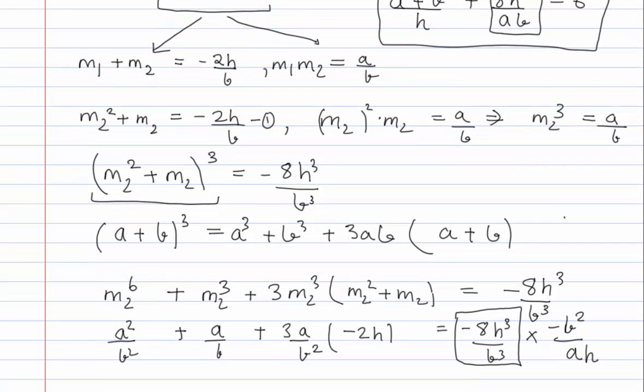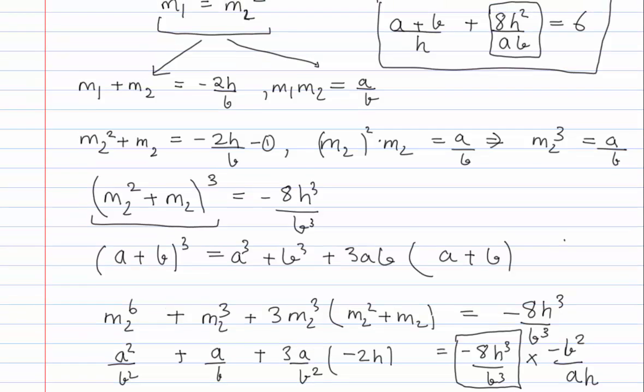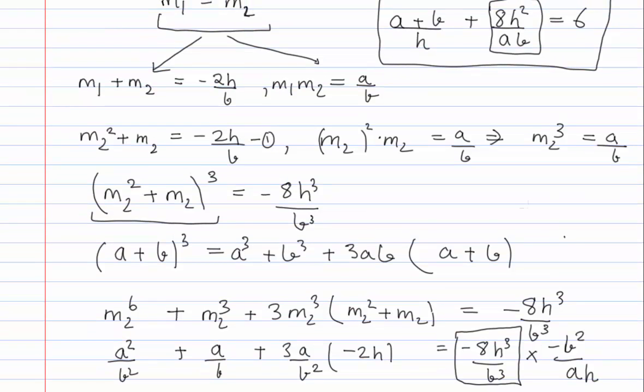So once we do that, this becomes this, which is 8h square upon ab, and let's actually see what the left hand side or the LHS is going to become. So if I multiply LHS by this common factor, minus b square upon ah, since it's minus b square upon ah, this is just going to cancel.